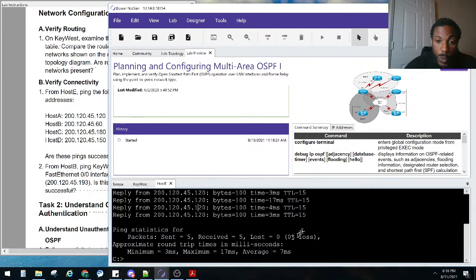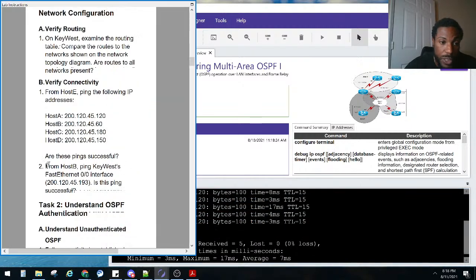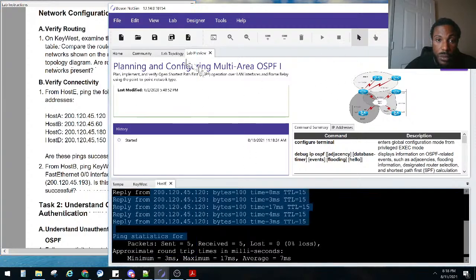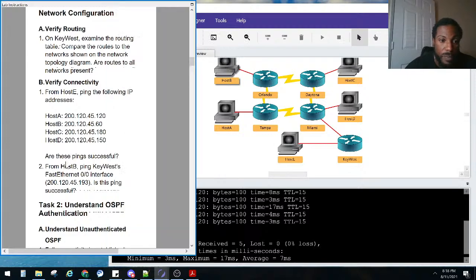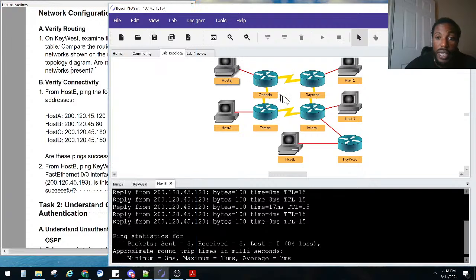So we see that the ping worked, right? So we can move on with the show. From host B, ping Key West's FA0/0 interface. So what they want us to do here is have host B ping Key West's FA0/0 interface, which should be the one facing the local area network.